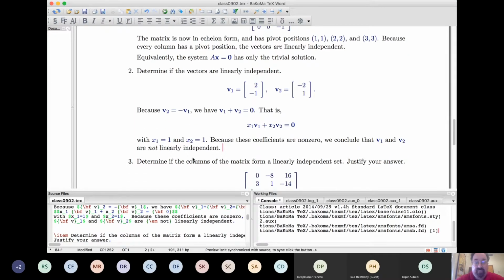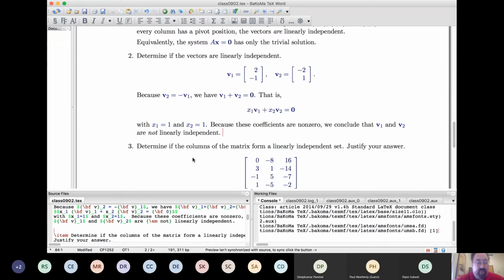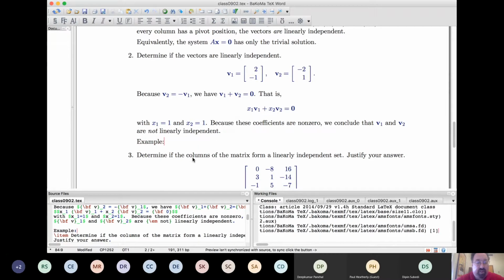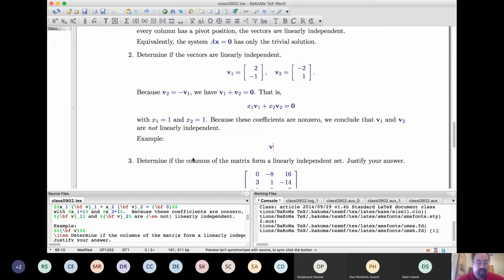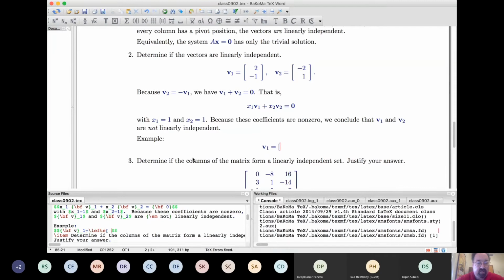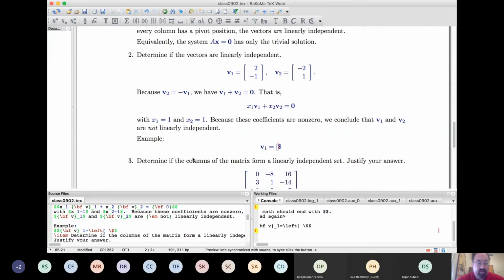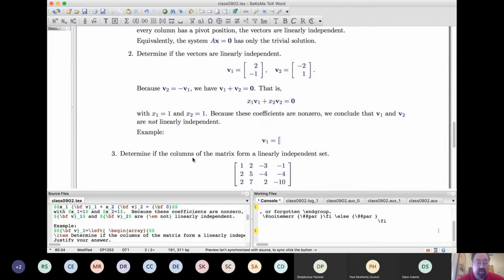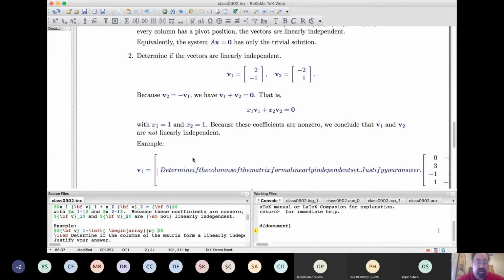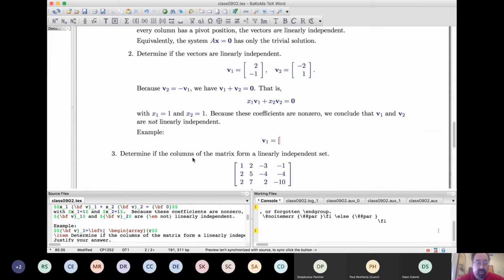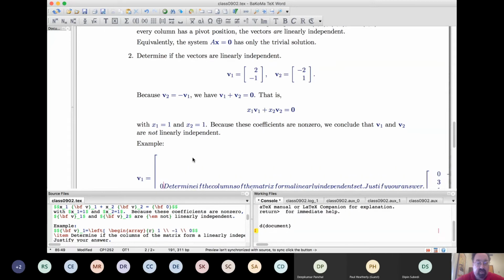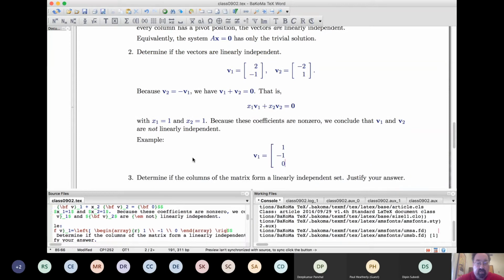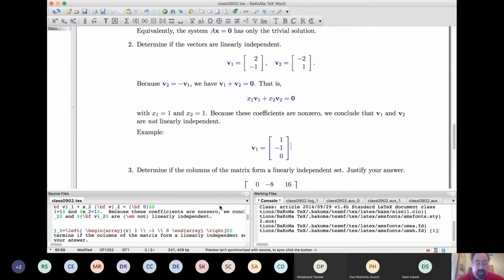I'm going to make up another example, kind of like this one. But I want to add another dimension to it, literally and figuratively. So here we have this first vector v1.